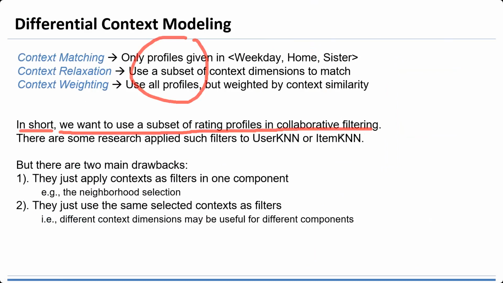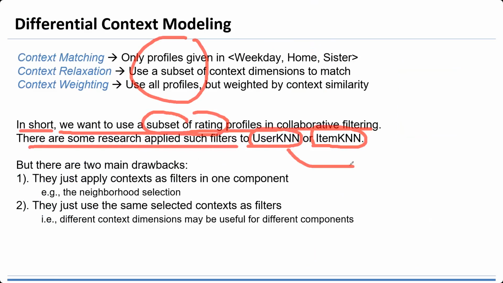In the first part, we already learned the collaborative filtering, but now we are just using the subset of rating profiles. So there are some research applied such filter to user KNN or item KNN. What does it mean? This is user K nearest neighbor.